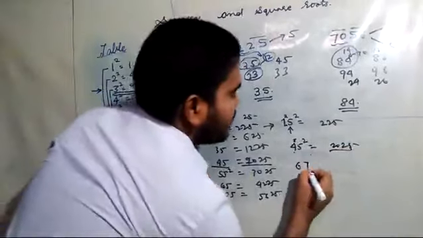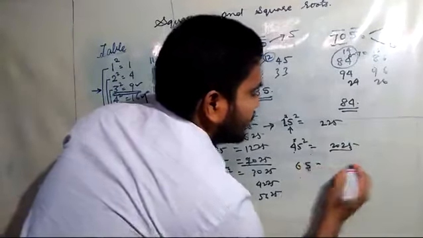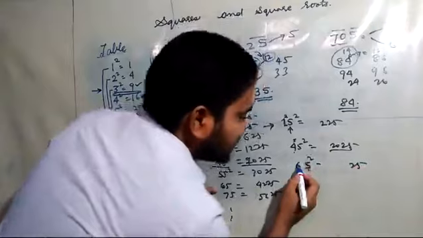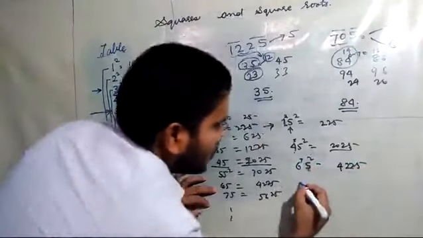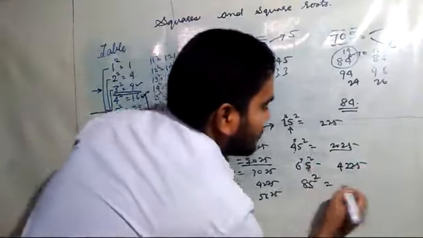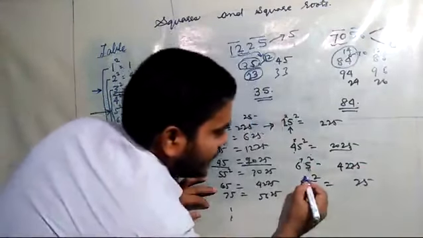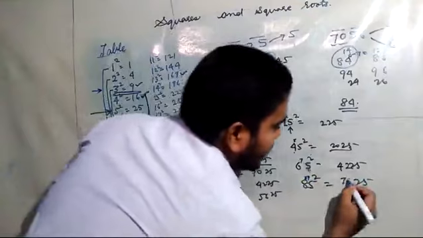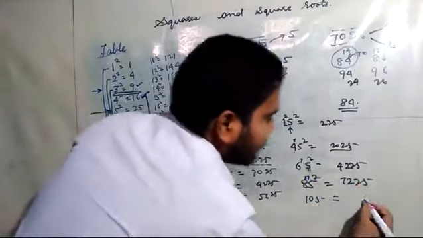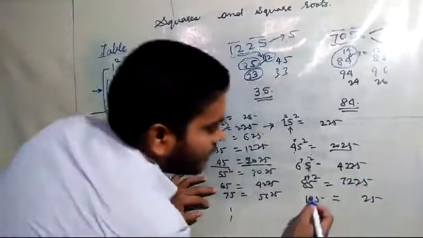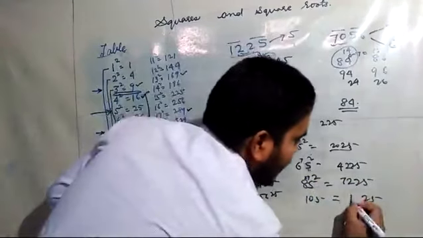Now like 65, 5 5s are 25. 6 and the next number is 7. 6 7s are 42. Now if I have 85 square, 5 5s are 25. 8 into 9, the next number. 8 9s are 72. Now we have 105. 5 5s are 25. 10 multiplied with 11, 110.